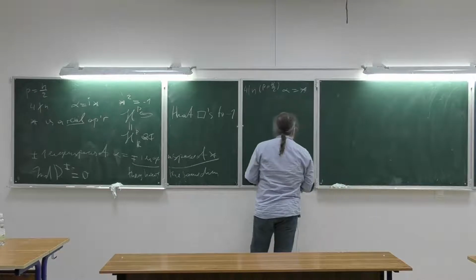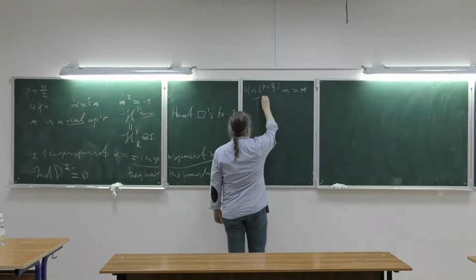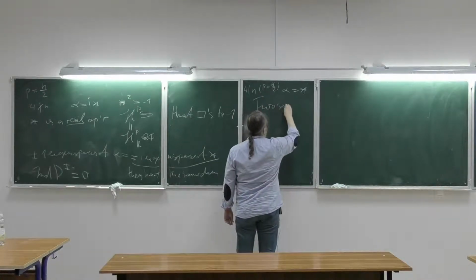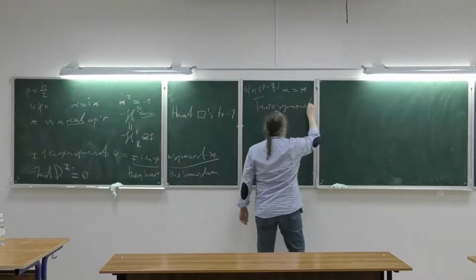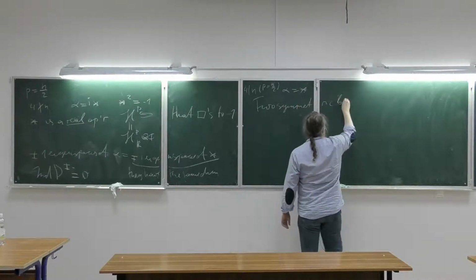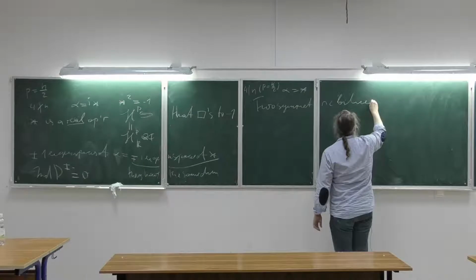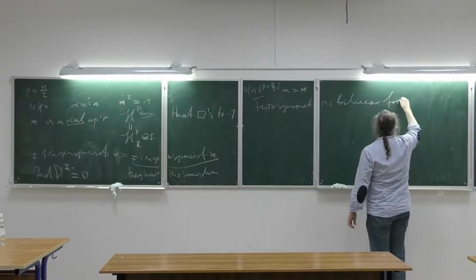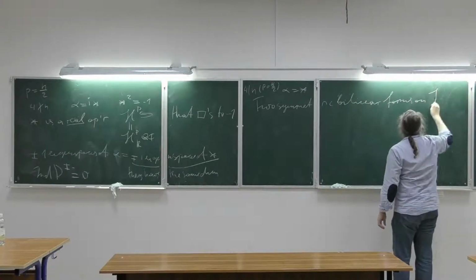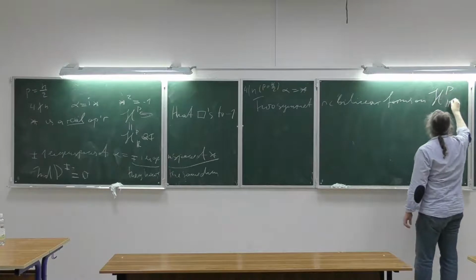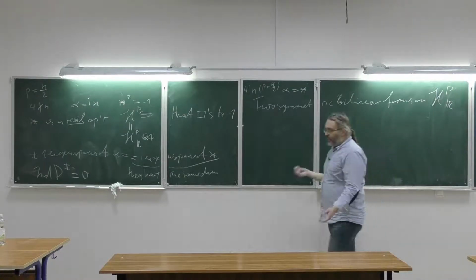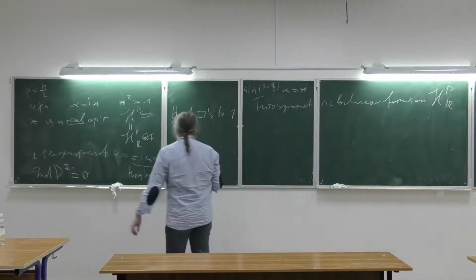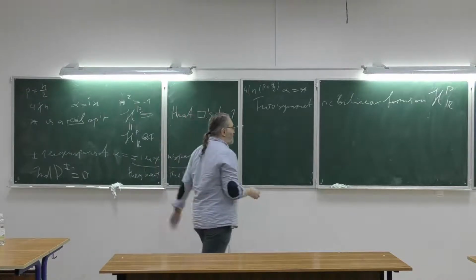Okay, there are two symmetric bilinear forms on the real HP.